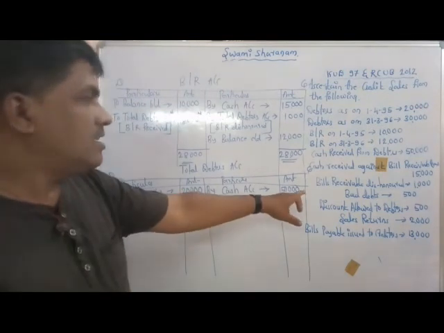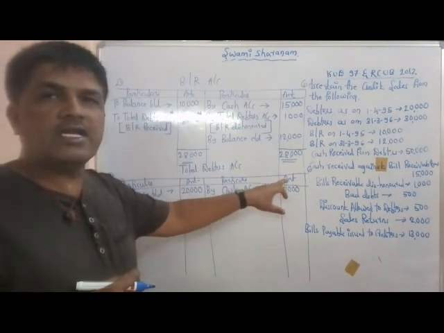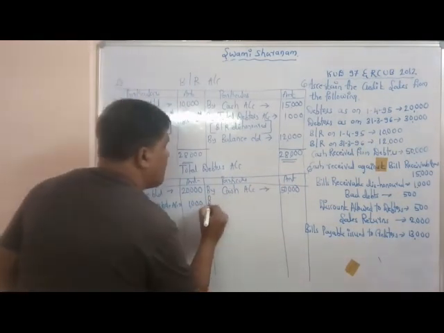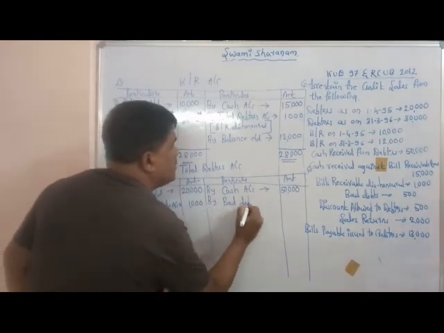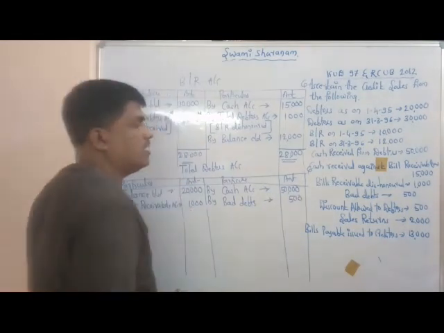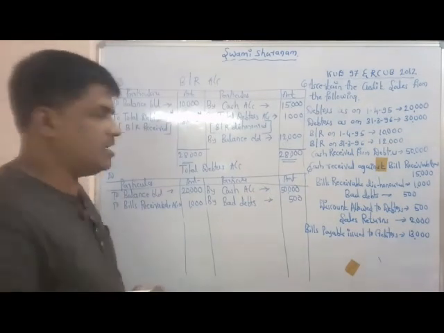Then there is bad debt. Bad debt is shown on the credit side of the total debtors account. How much is it? 500. By bad debt, rupees 500. Discount allowed to debtors, rupees 500, is also credited to the total debtors account.